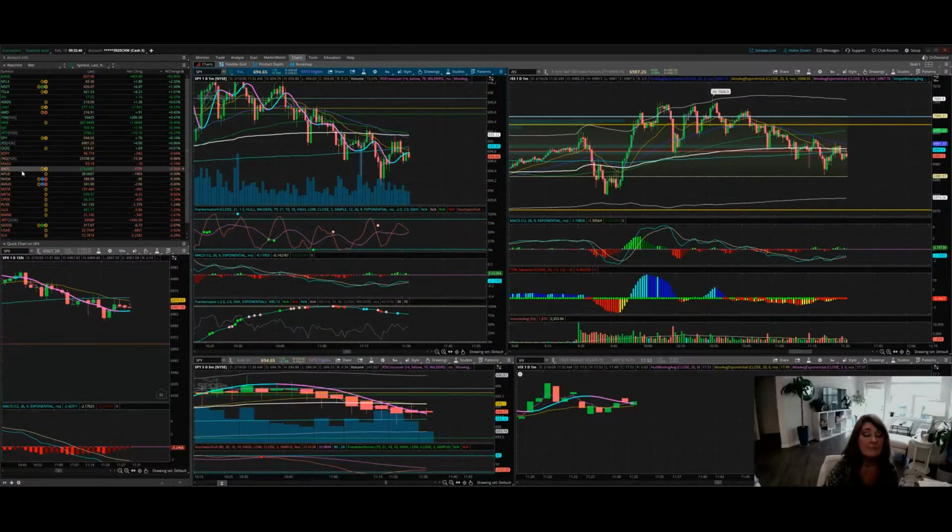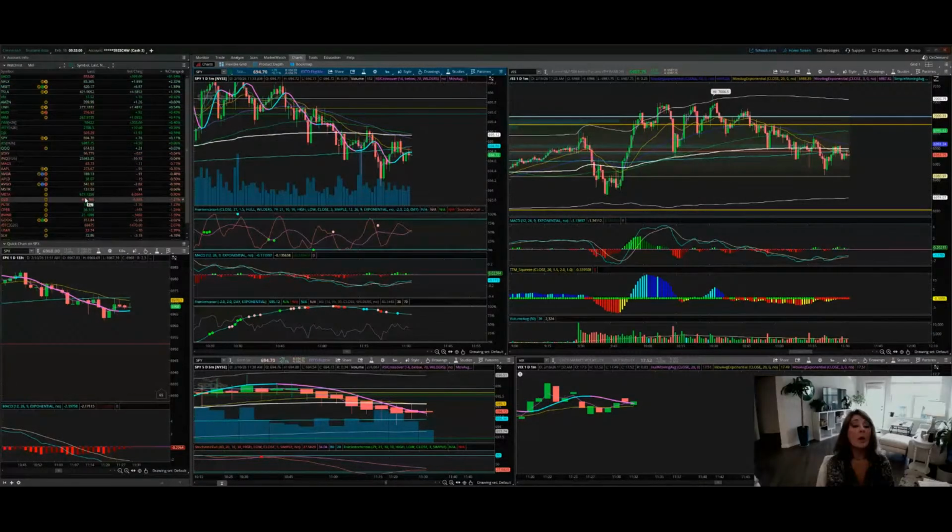Then I look at an ETF called MAGS, M-A-G-S. That one takes all of the Magnificent Seven and puts it in one ETF, and that tells me cumulatively, as a whole, what are the MAGs doing? And so right now they're down about 0.17. So not very much, but negative.